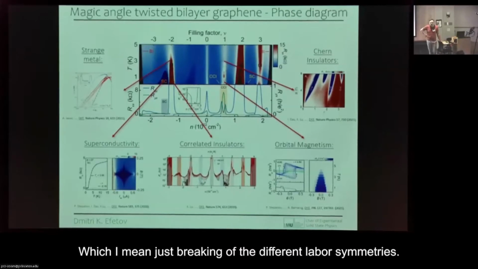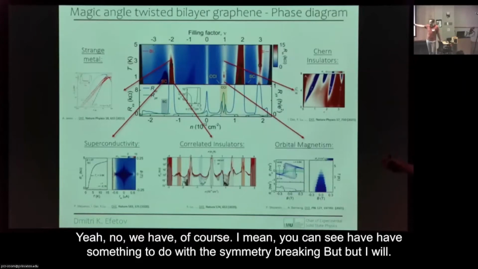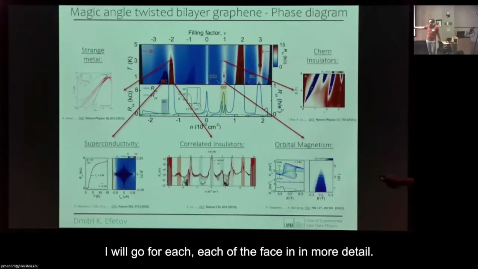I mean the fact that you have this breaking of different flavor symmetry, as a function of the filling. Yes, you can see it, for example, here. Actually, all of those phases have something to do with the symmetry breaking. But I will go through each of the phases in more detail to also explain the symmetry breaking here.